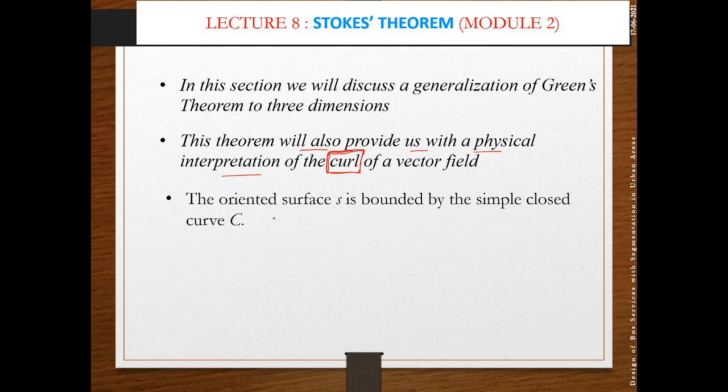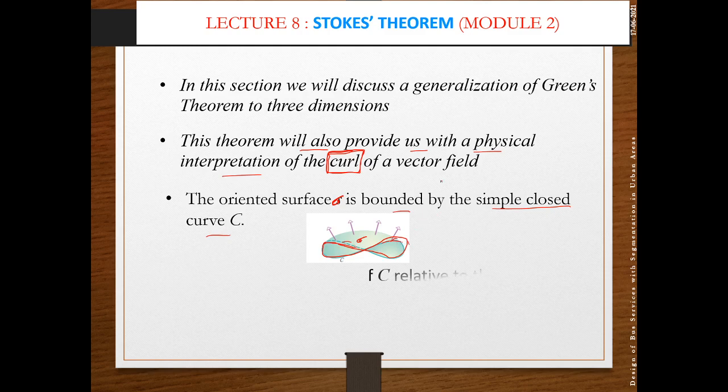Now suppose our oriented surface, I am calling this sigma, is bounded by a simple closed curve C. That means this is our surface sigma, and it is bounded by a simple closed curve C. That is, this is C.